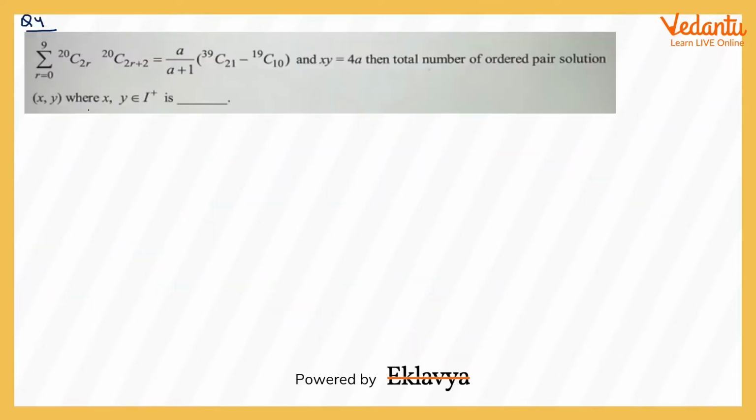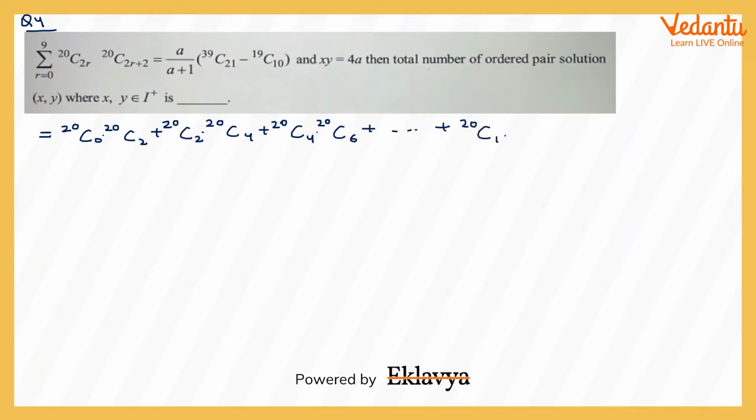Now coming to this question, here we are given the expression as 20C0 into 20C2 plus 20C2 into 20C4, then 20C4 into 20C6, and so on. In the last it will be 20C18 into 20C20.